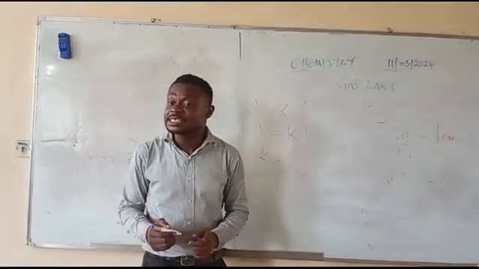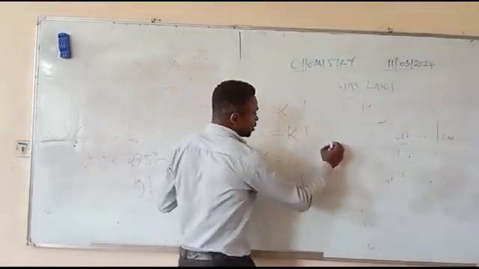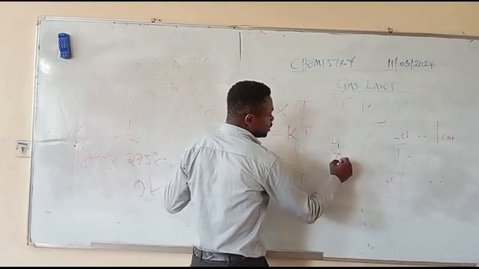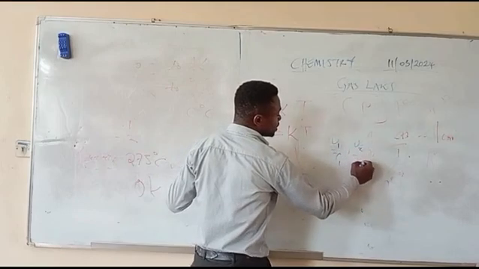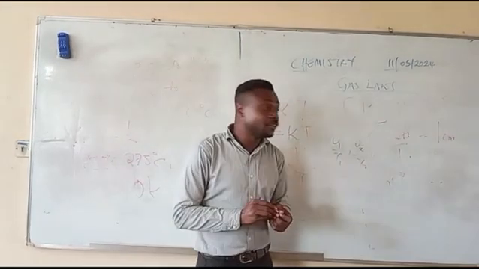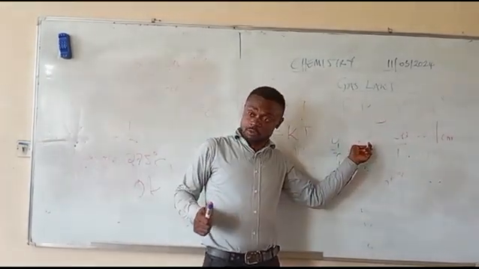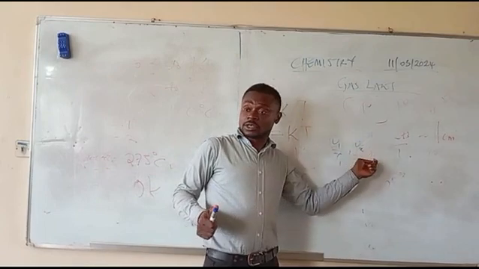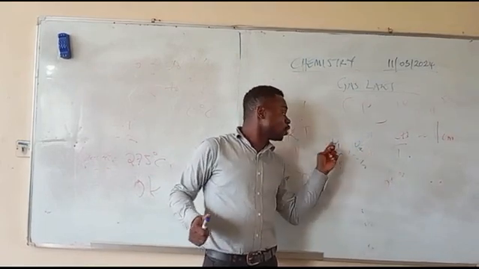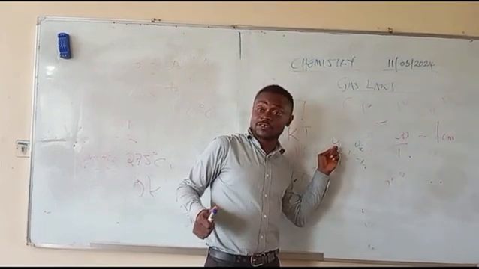So if you see things like V1 over T1, V2 over T2, what it means is that this is the first volume. If the temperature changes from here to here, the volume will also change from V1 to V2.